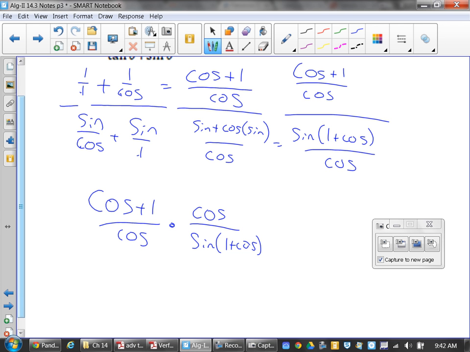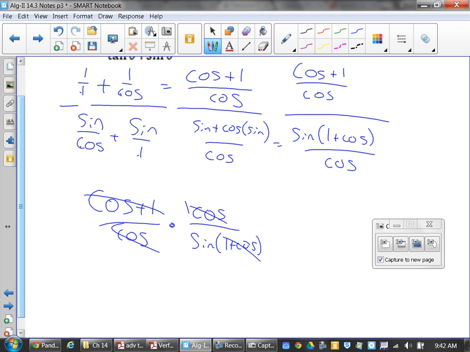Oh, don't do that. Why? Because remember, when you're dividing, you're multiplying by a reciprocal. It just happens to be dumb luck that it worked. Sometimes you get dumb luck problems like that. Don't do that. You're always flipping the bottom part, okay? So now everybody see how everything just drops? And you wind up with 1 over sine, which is cosecant.